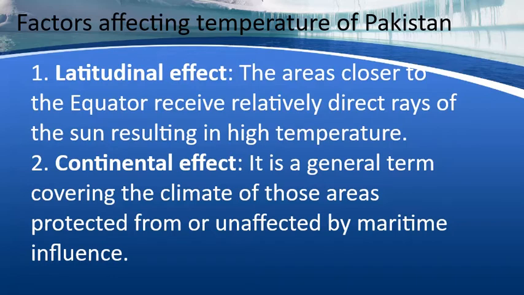You have studied many times. This is why extreme winter and summer temperatures are recorded in the interior of large land masses away from the moderating influences of sea. Means large land masses in the heart of continent usually have high temperature.